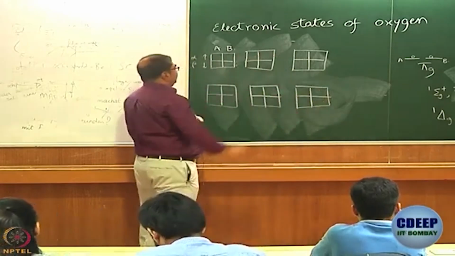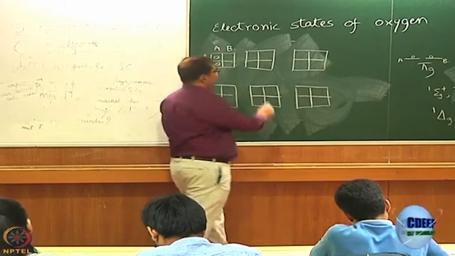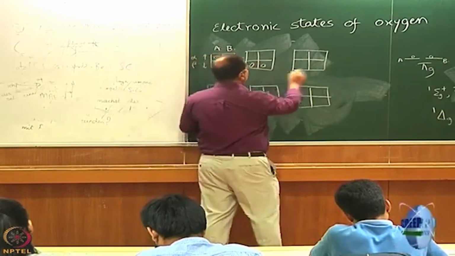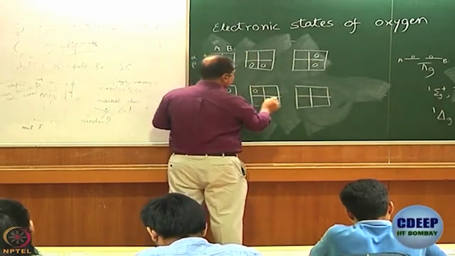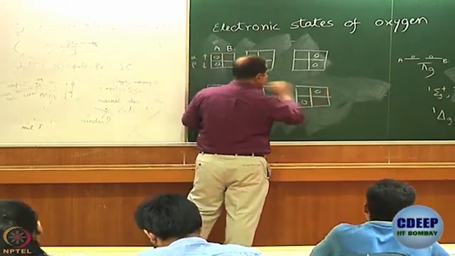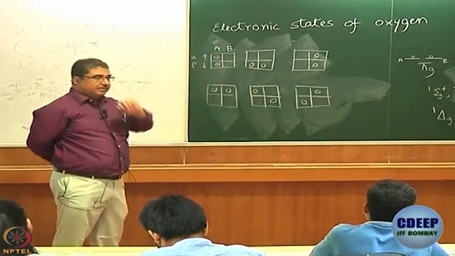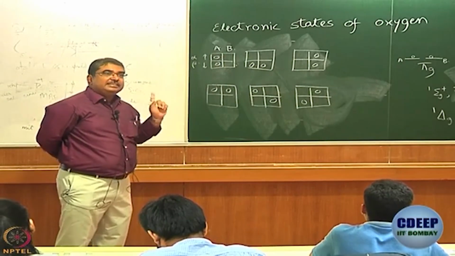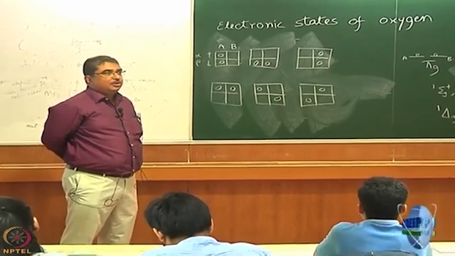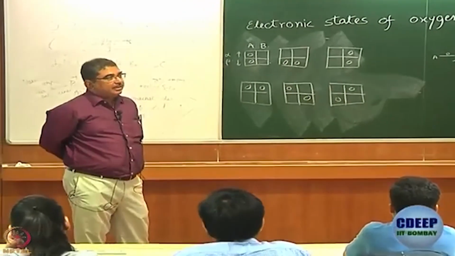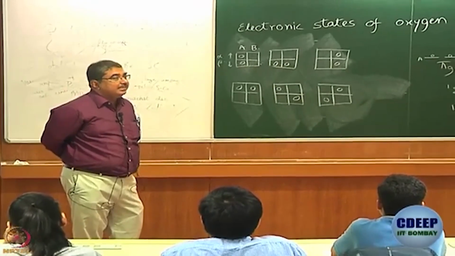I will fill in the electrons, I will just draw circles or something. This is one way in which I can fill. Number 2, number 3, number 4, 5, 6, right. So, what I am saying is there should be only 6 states, not 16. So, there must be some way by which I should be able to eliminate 10 out of the 16 states that I have generated here.